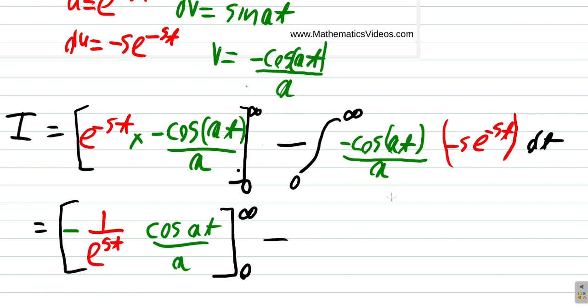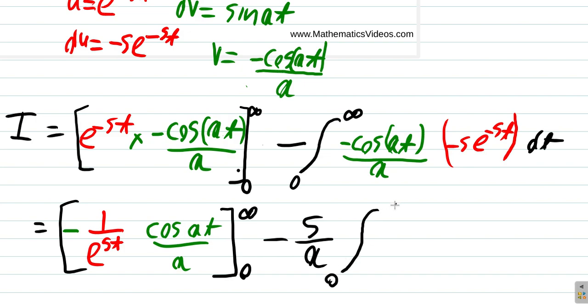Now let's factor out the s. We already dealt with the signs, the s and then the a under here. These are constants, so we're putting them outside the integral sign, on the left.